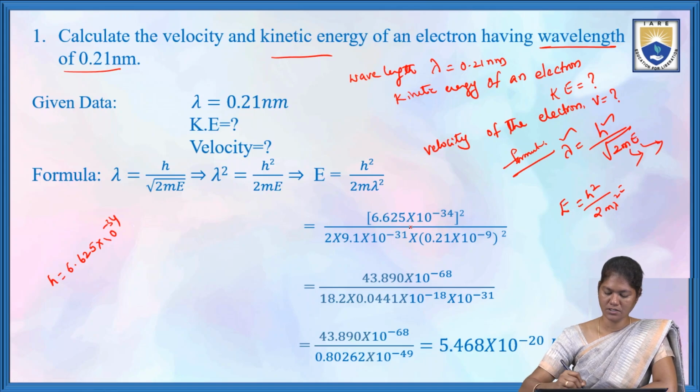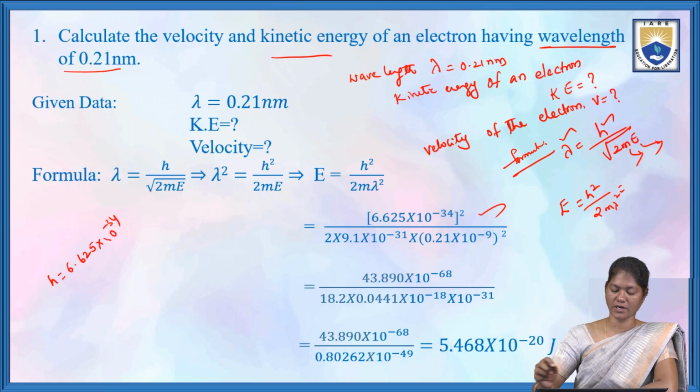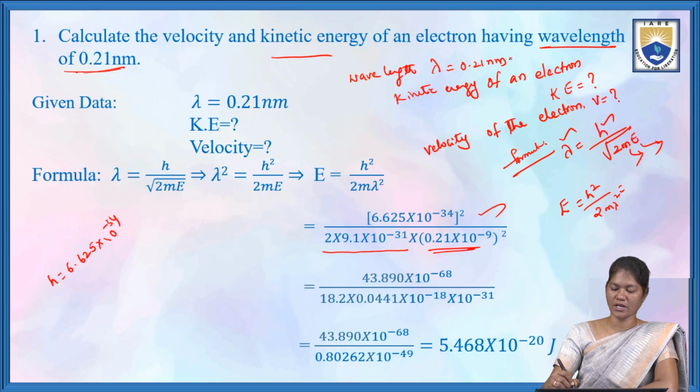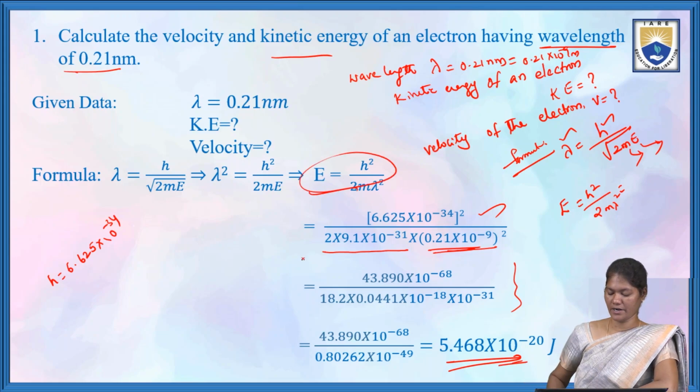So 6.625 into 10 power minus 34 squared, divided by 2 into the mass of the electron, 9.1 into 10 power minus 31, into the wavelength, which is given as 0.21 nanometers. Converted into meters, 0.21 into 10 power minus 9 meters, squared. Calculating this, we get 5.468 into 10 power minus 20 joule. This is for the energy.